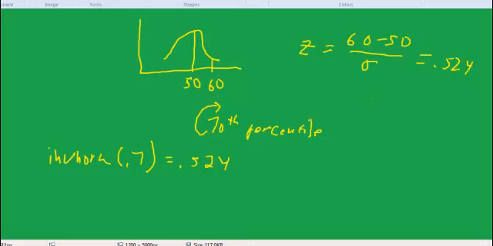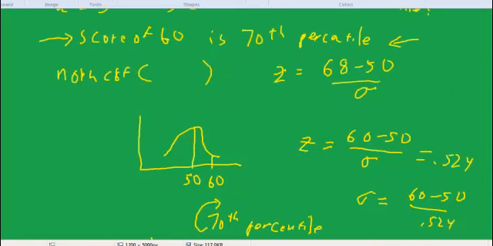And so, just using algebra, sigma is going to equal 60 minus 50 over 0.524, and that turns out to be about 19.